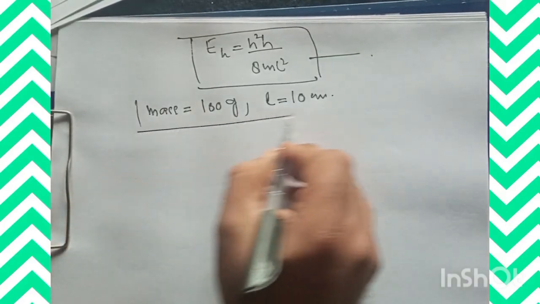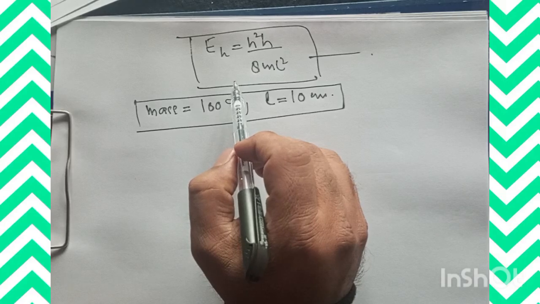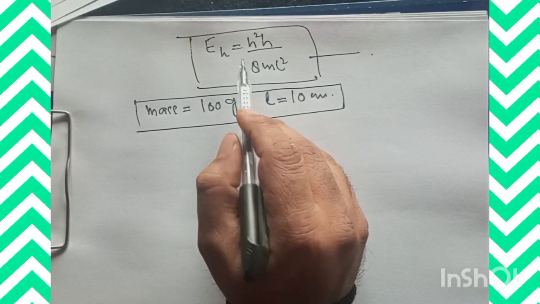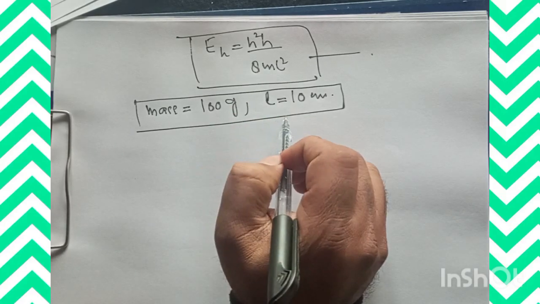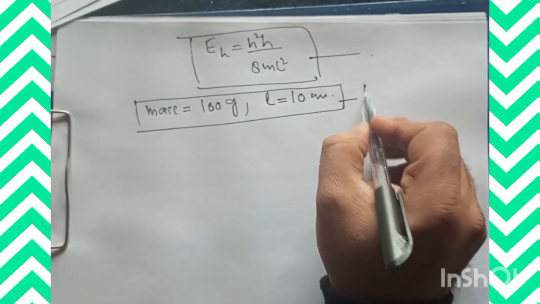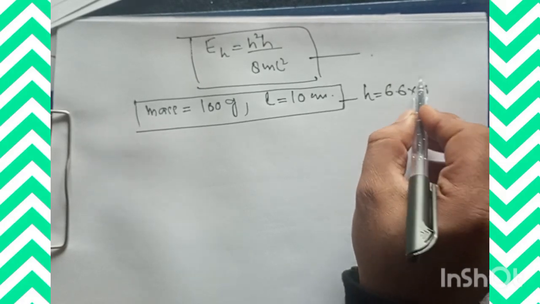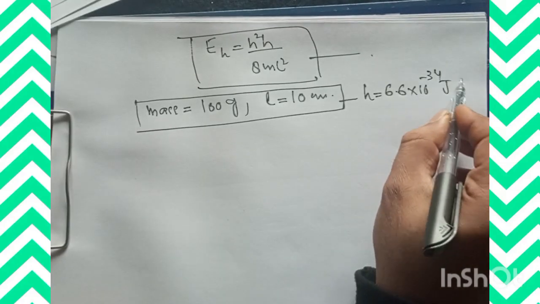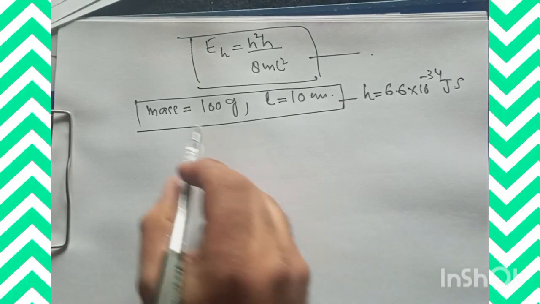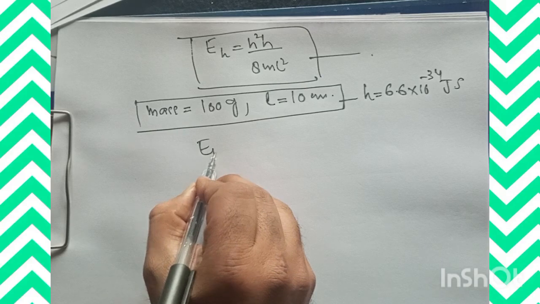Now I want to use this energy equation that I have obtained for the microscopic particles for some macroscopic particle. Now here what I have is Planck's constant, and we know its value is 6.6 times 10 to the power of minus 34 joules second. So I would like to put these values in the above equation, and I want to calculate this En.